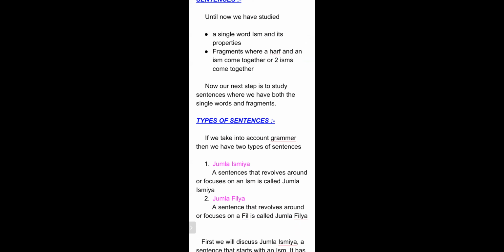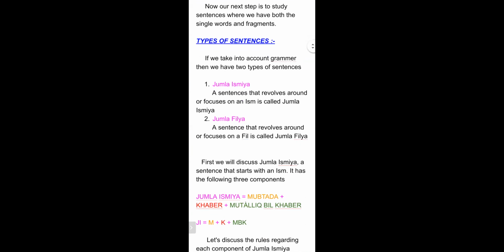So I'm going to do a little revision from here because I've written all of the points over here. So inshallah, that way we don't miss any of the points that Ustad has done with us. So types of sentences, as we know, there are two types of sentences. One is the Jumla Ismiya and the other is the Jumla Fi'liya. The Jumla Ismiya usually starts with an ism, and it is the basis and the focus of the Jumla.